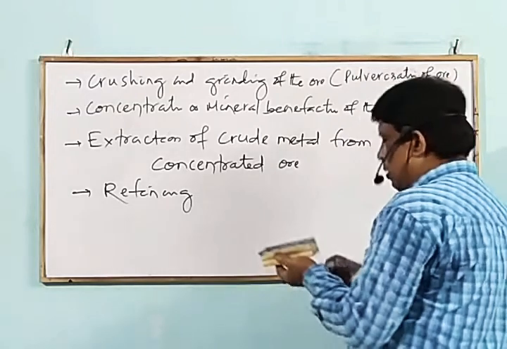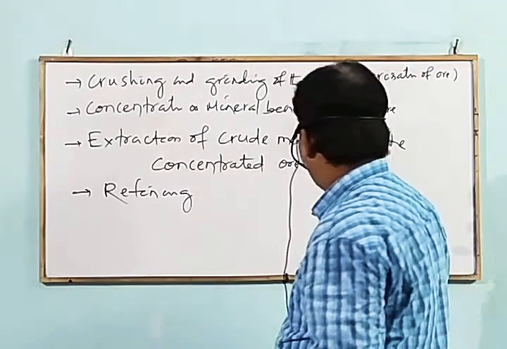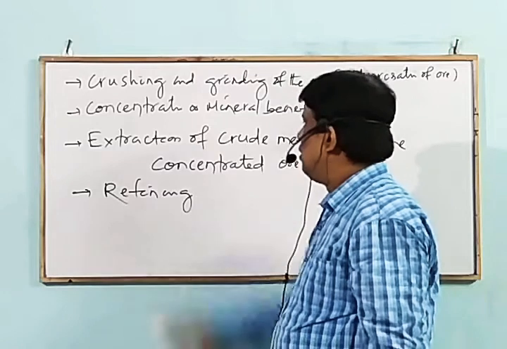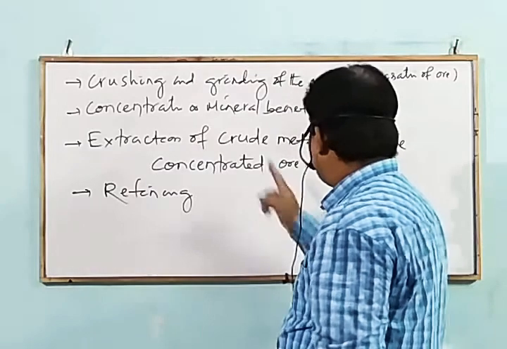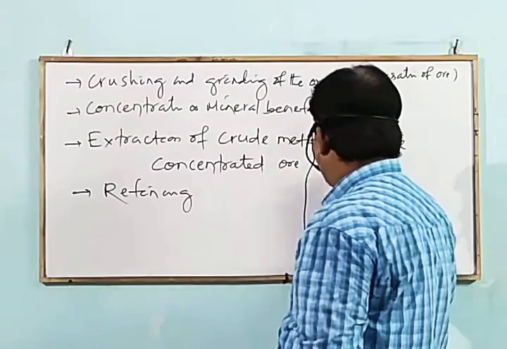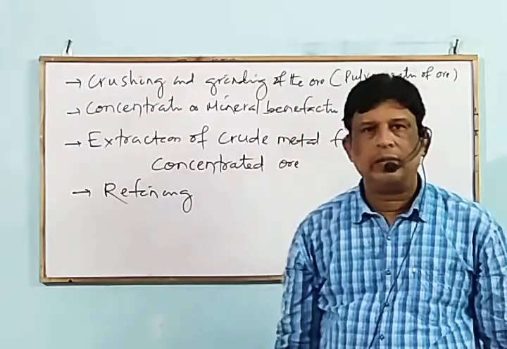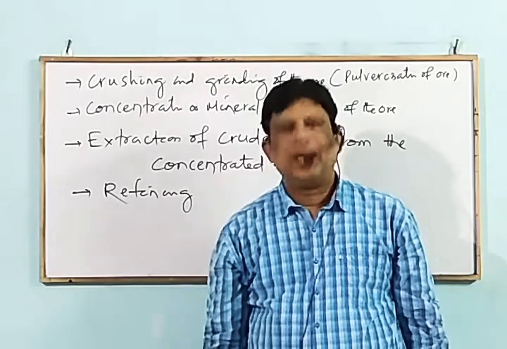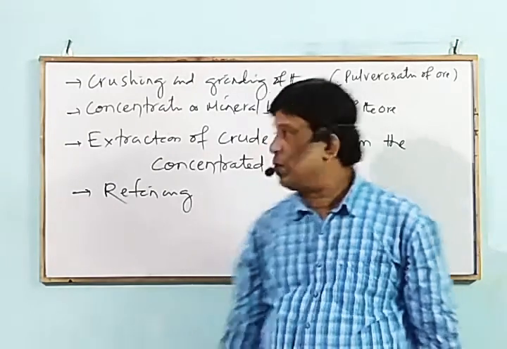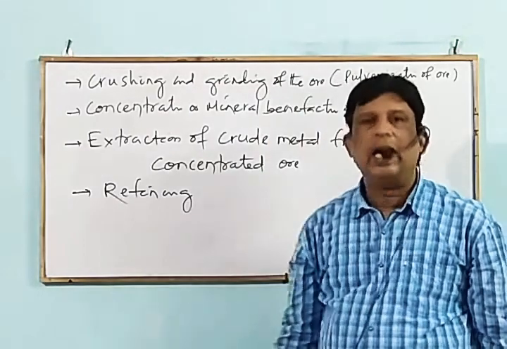Second one is concentration or mineral benefaction. Third one is extraction of impure metal, crude metal, from the concentrated ore. Last one is refining. Let us discuss one by one. First one is crushing and grinding.